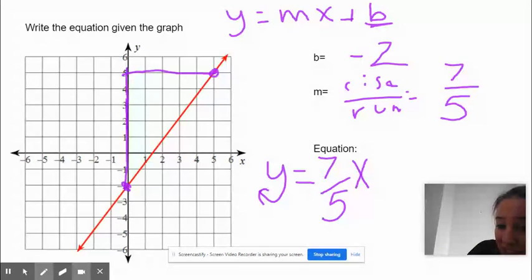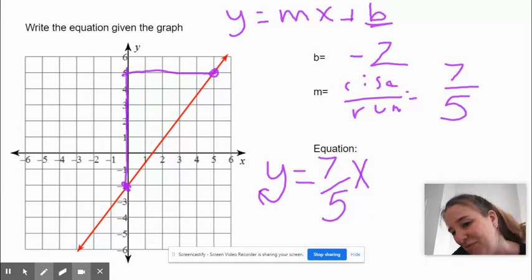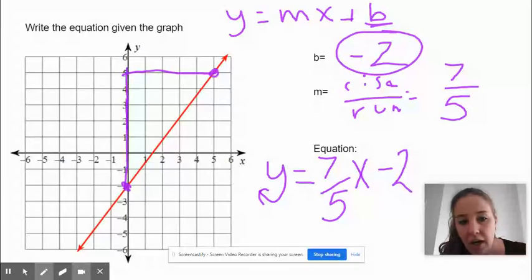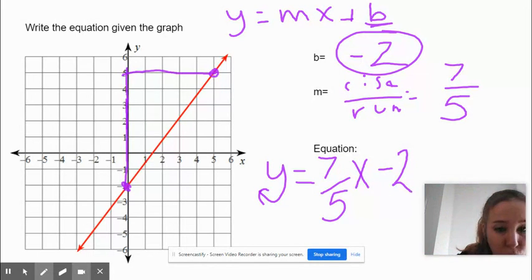You could put plus -2, but that's kind of ugly. It's not quite what we need. We need -2 there. So y equals mx plus b. This is just putting a ton of things we've already learned together in one nice smooth place.